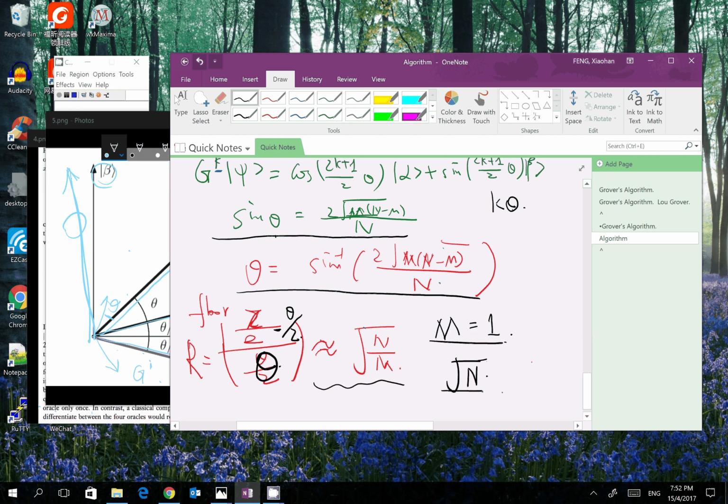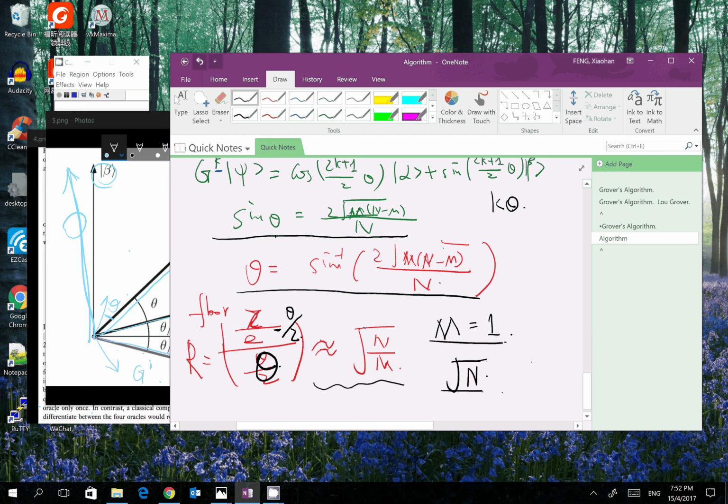And finally, I want to say that this is only a brief introduction to Grover's algorithm. There are many deeper things that you can explore and understand about this algorithm.